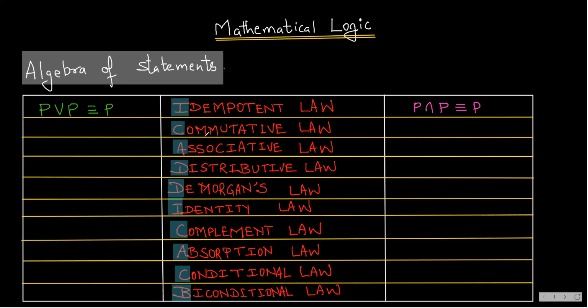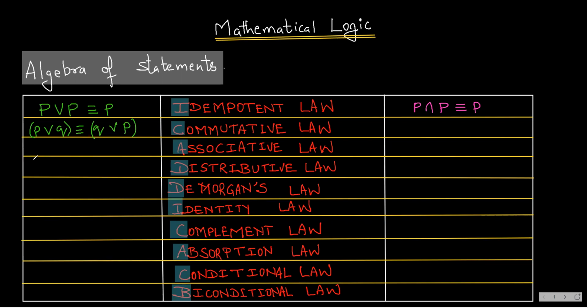Next we have commutative law. In commutative law, if I have P or Q, it will be same as Q or P. The truth value of P or Q on the left hand side will be same as the truth value of Q or P for any given possible truth values of P and Q. I give you an example.